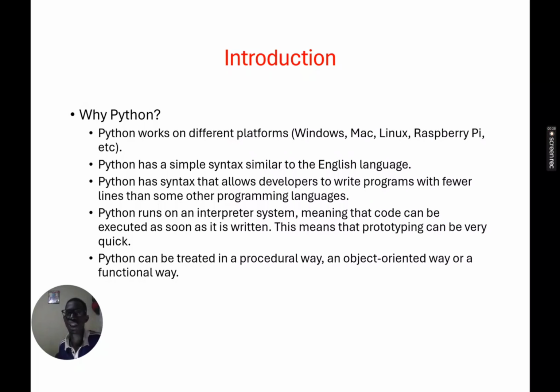So Python runs on an interpreter system, meaning that the code can be executed as soon as it is written. So we are going to see some of the things practically. So Python can be treated in a procedural way, an object oriented way, or maybe the functional way.